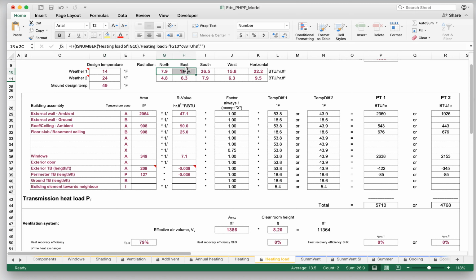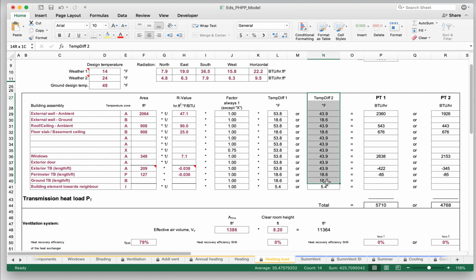But notice over here that we will also have much higher solar gain. So we will have a lot of transmission loss, but we'll have a lot more counterbalancing solar gain. And so we don't actually know which of these two weather conditions is the most stressful because we have to take into account the outdoor temperature, but we also have to take into account the solar radiation. So that's what we have here.